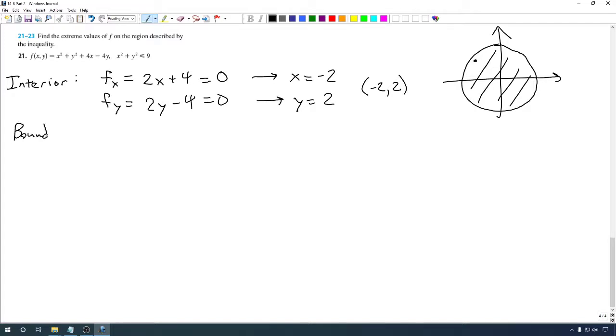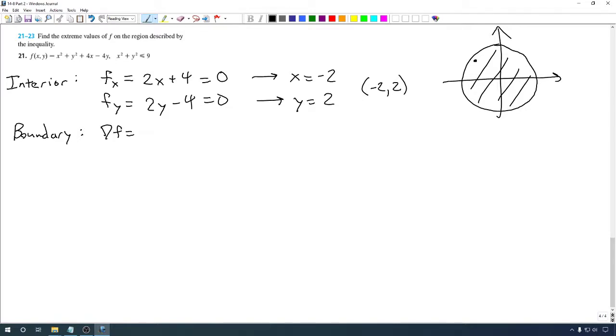On the boundary, we want to take our gradient of f equal to lambda times the gradient of g. We actually have the gradient of f already. It just comes from these partial derivatives, so it's 2x plus 4, comma 2y minus 4.